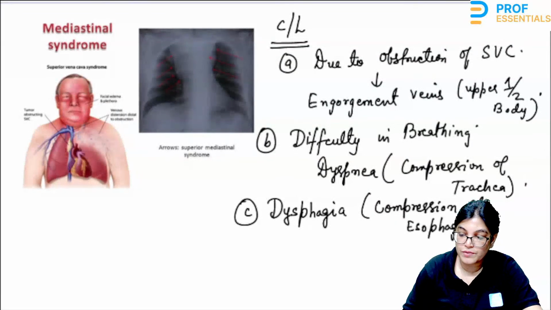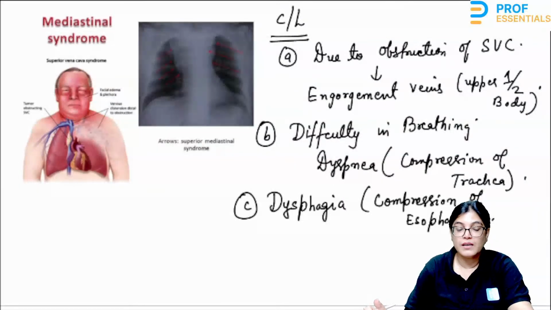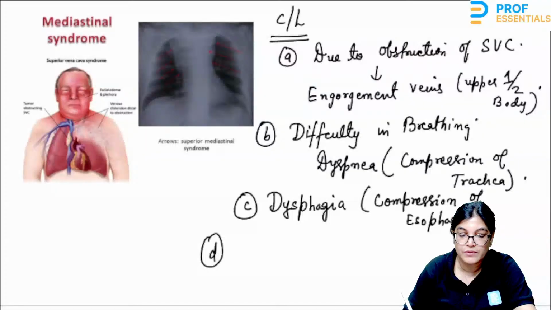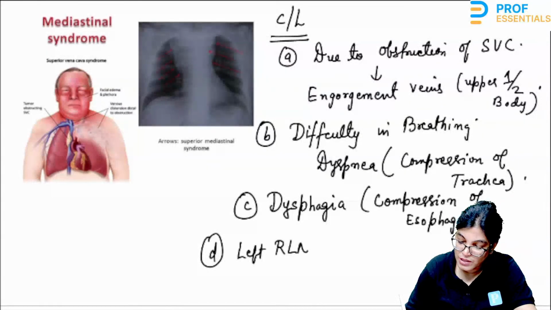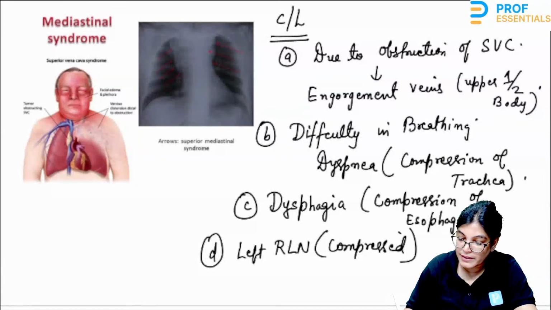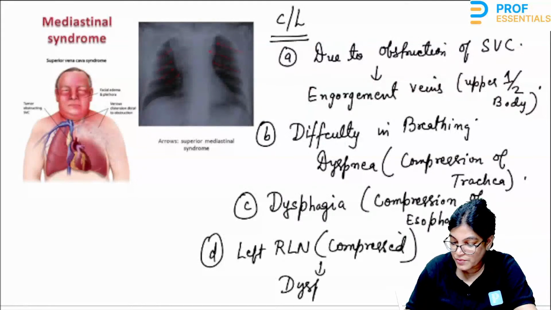Also, the recurrent laryngeal nerve can be involved. The left recurrent laryngeal nerve can be compressed, and this can also cause difficulty in breathing.